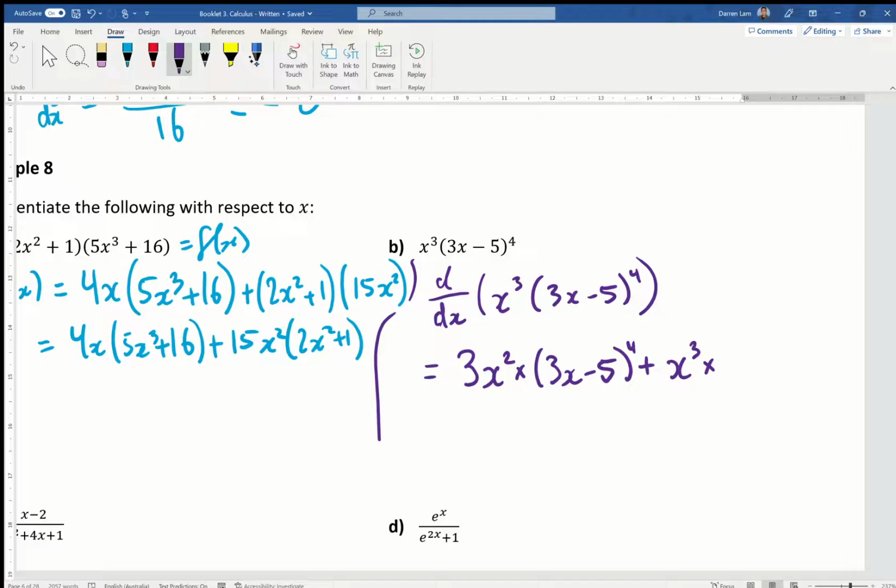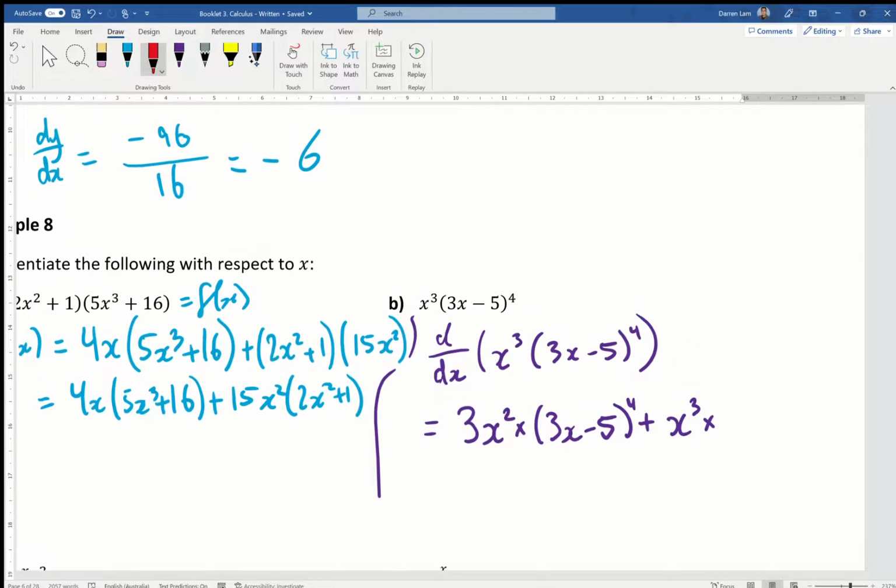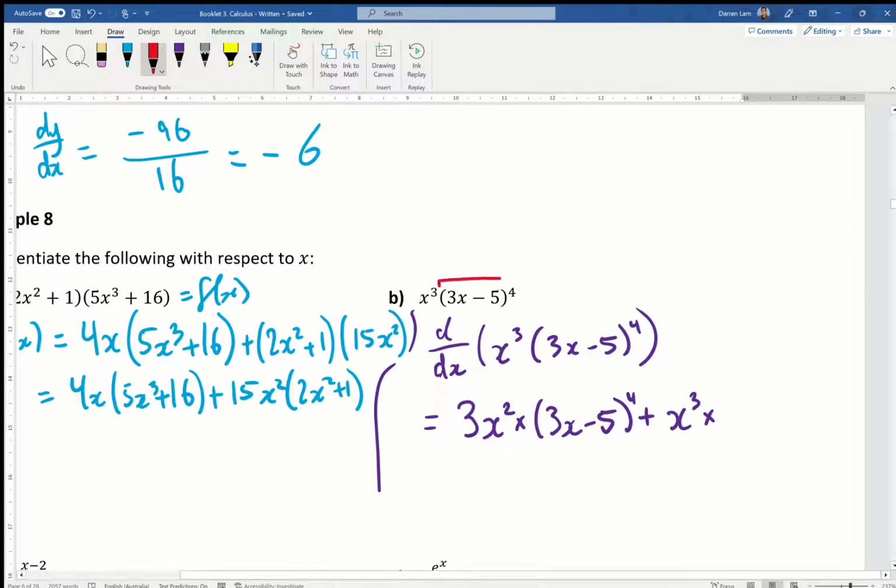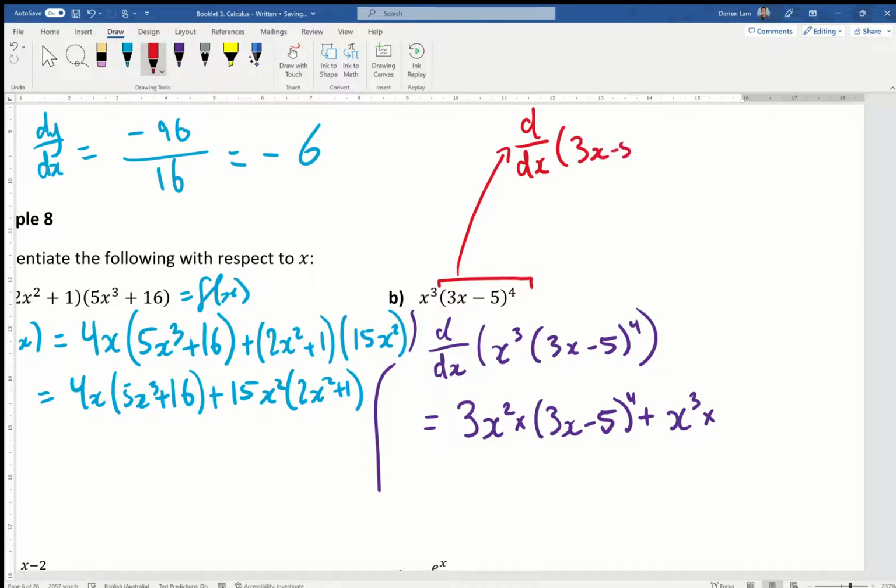If you'd like to do it to the side, you can do that absolutely. I'm going to do that right now. So I'm going to take this component right here and figure out the derivative of 3x minus 5 to the power 4 in terms of x. Instead of using the substitute u, which you absolutely can, I'm going to skip that step.